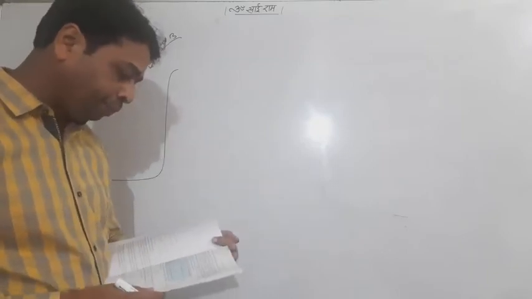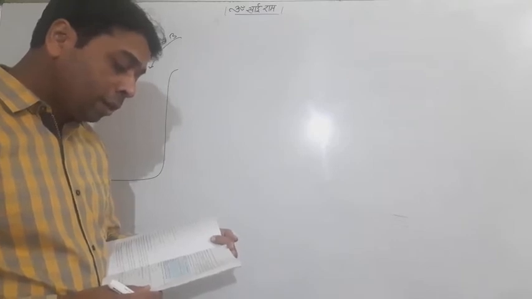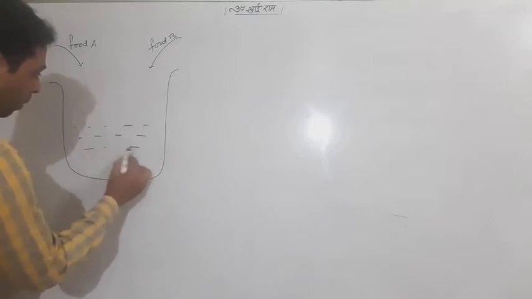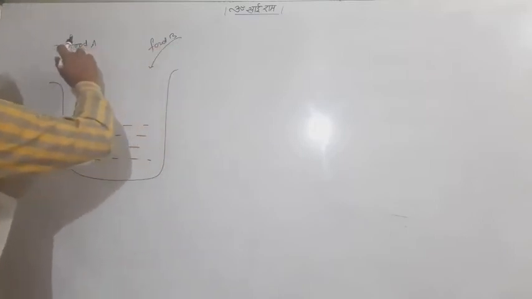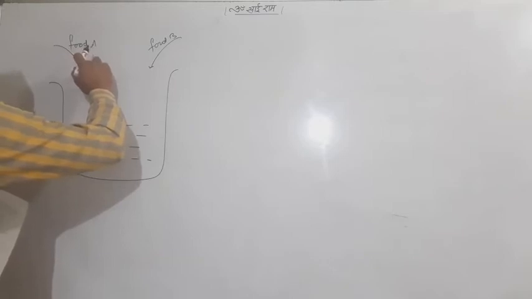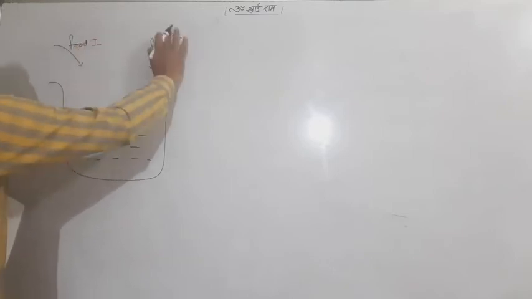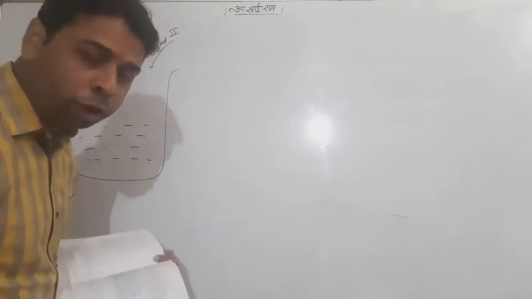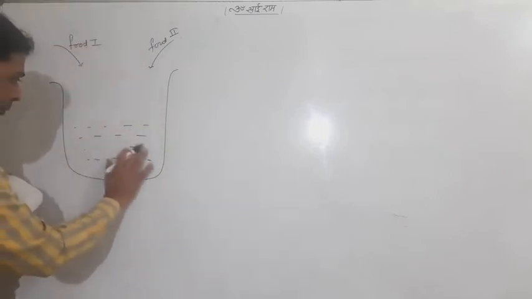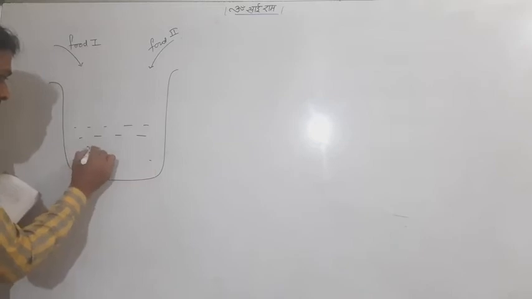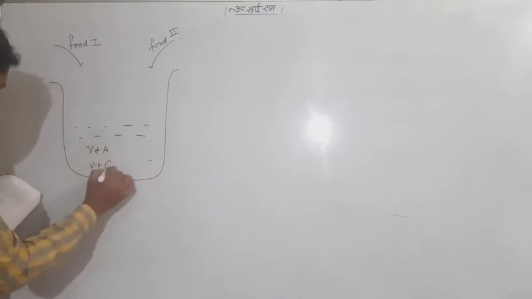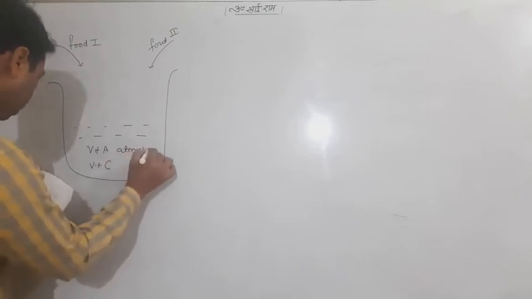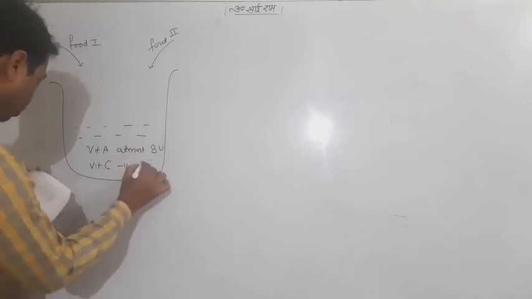Now the question says the mixture of food 1 and food 2. When they mix in this pot, the question says that in the mixture the quantity of vitamin A is at most 8 units and the quantity of vitamin C is at most 10 units.